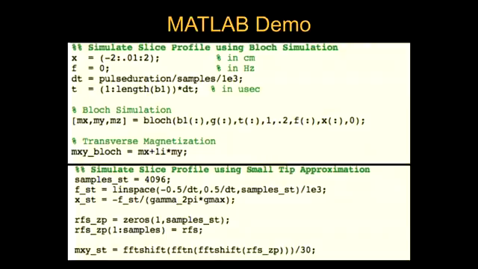The input is your B1, gradient, and time information, and you determine whether you want to look at different frequency values, different off-resonance, or different spatial locations. In this case, we put the frequency to be 0, because we just want to see the slice profile over different locations, like from -2 centimeters to 2 centimeters.